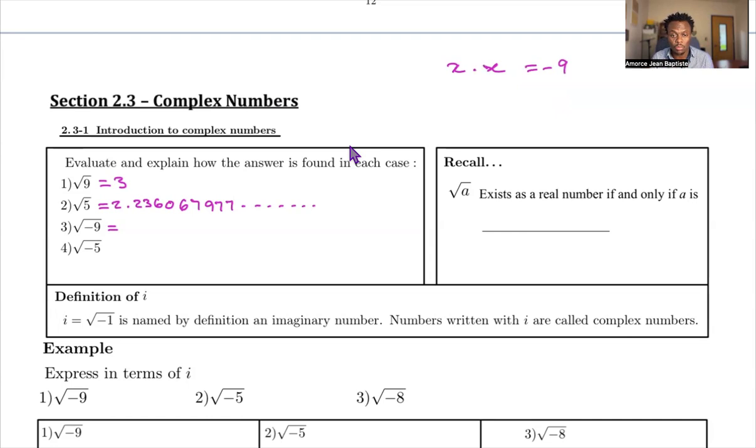Because if, let's say, x is negative 3, I would expect this to be positive 9, because a number times itself is positive anyway. And if it was positive 3, it would still be 9. So that makes the radical of negative 9 not a real number.